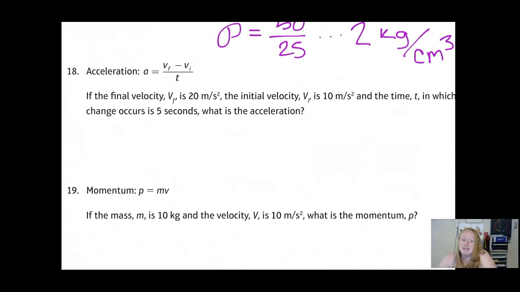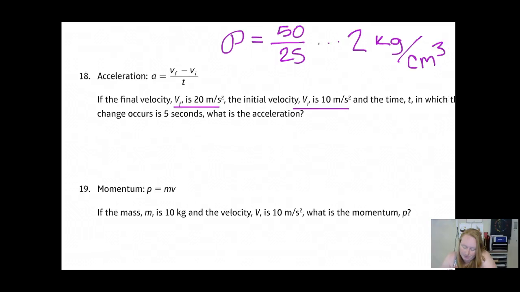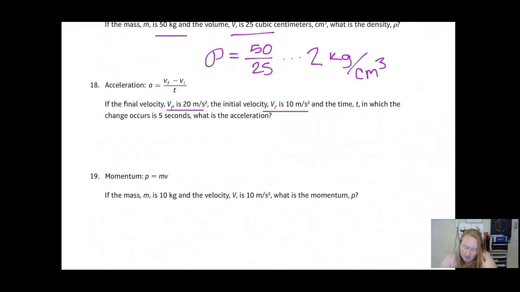So I have acceleration equals the final velocity minus the initial velocity over time. Okay. So my final velocity is 20 meters per second squared. The initial velocity is 10 meters per second squared. And the time occurs over 5 seconds.